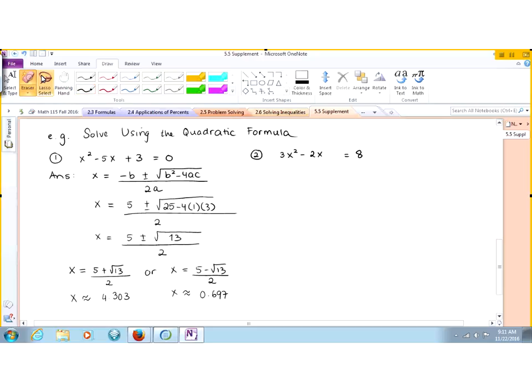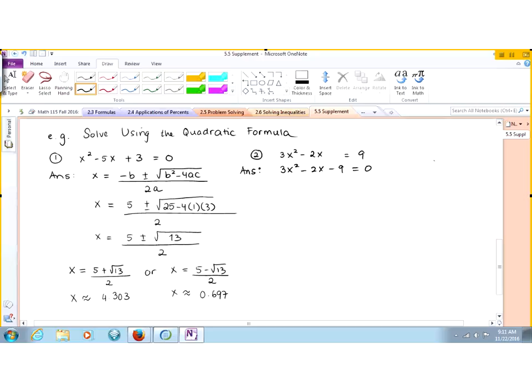No, I'm going to change it to 9 because I want you to use the quadratic formula. So, solve using the quadratic formula. What would you do here? Subtract 9, so we have 3x squared minus 2x minus 9 is equal to 0. Good.